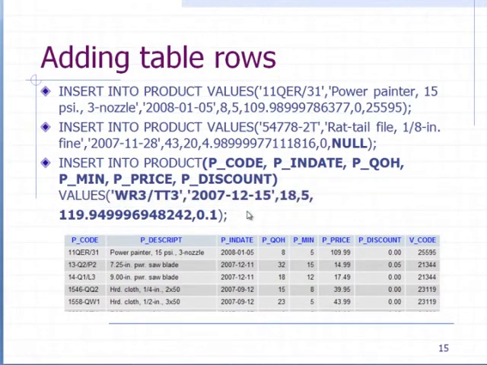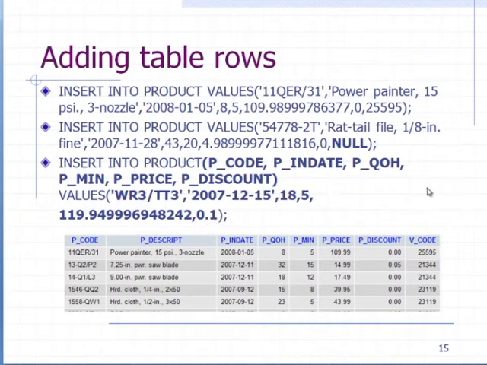So for example here, how many values do we have? 1, 2, 3, 4, 5, 6. Only 6 values instead of a total of 8. And each value is matched with a specific column. So in that case, you have to specify which column is matched with which value. So here, the sequence of those column names should match the sequence of values inside this parenthesis.